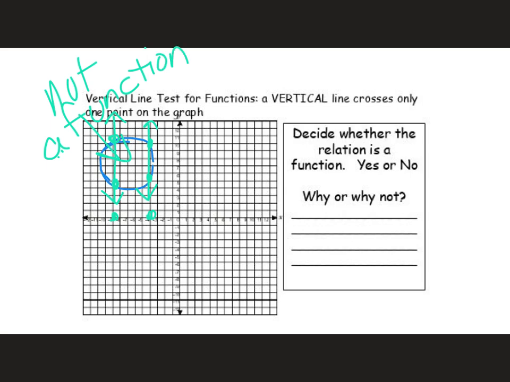But on the contrary, I can draw something like this. I can draw a line that has a diagonal, and if I check this one by drawing vertical lines anywhere there, it only passes once. Because it only passes once, in this case, it is a function.